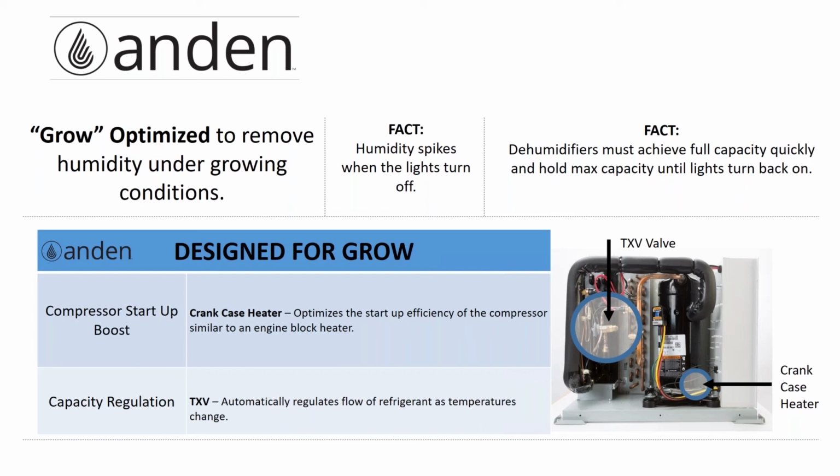As you cool off your grow to simulate fall, crash that temperature to get the best yield possible, our dehumidifier actually moves additional refrigerant through its refrigeration system in order to help supplement the amount of temperature that you're removing and get more humidity out of the air at a colder temperature. So in the real world, our dehumidifiers hold capacity longer and have a much smaller reduction in capacity as opposed to a standard dehumidifier. That's important for accuracy.